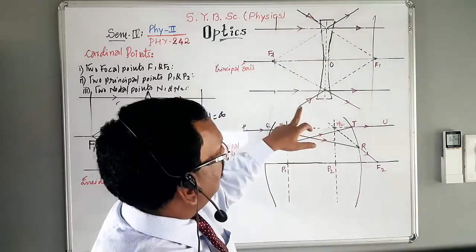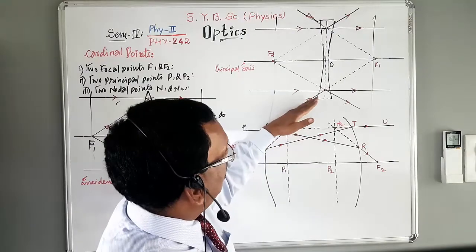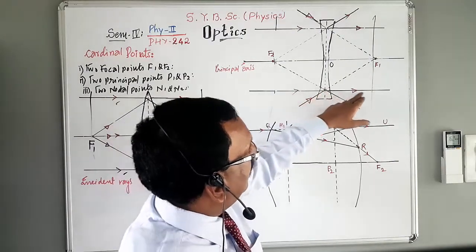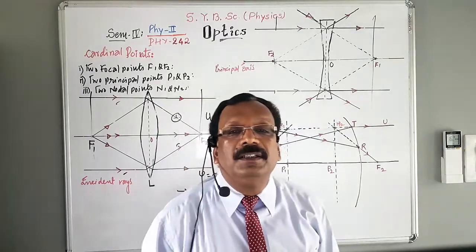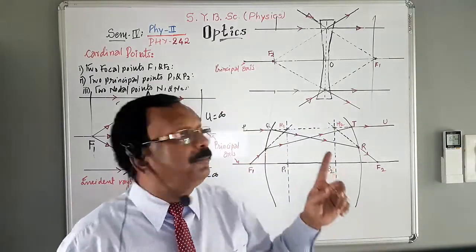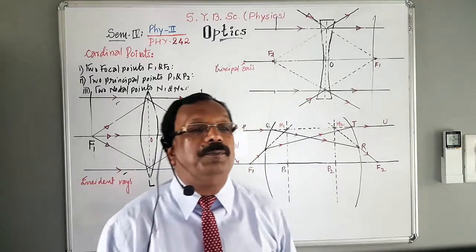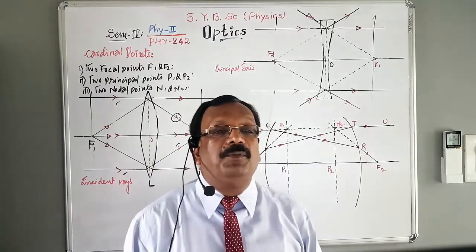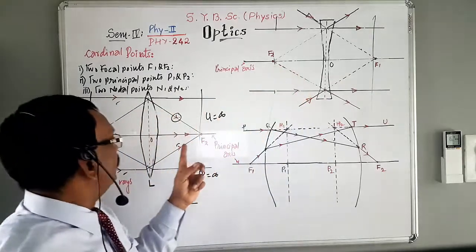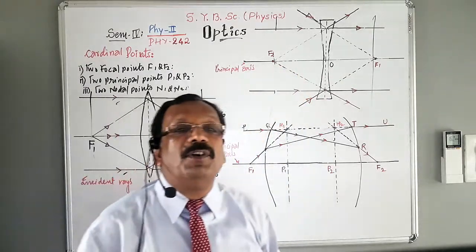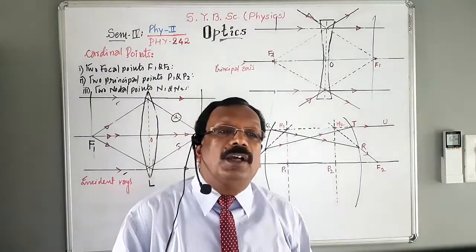This is also coming from this direction and after refraction it goes parallel to the principal axis. So the point F1 is called the first focal point or first principal focus of the concave lens. F1 and F2 here also, all these points are known as focal points.